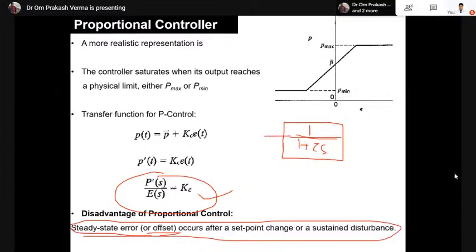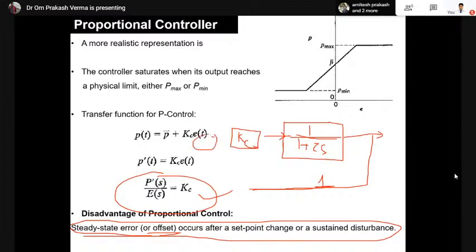Your supervisor says to control the level of this tank. So you measure the level using a level sensor, keeping feedback gain H(s) equal to 1, and you use a proportional controller whose transfer function is nothing but Kc.